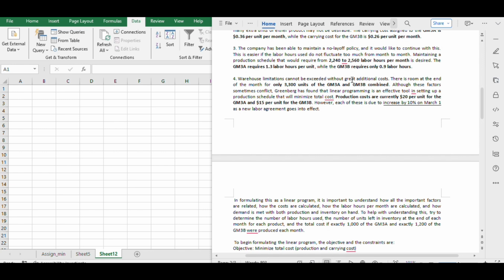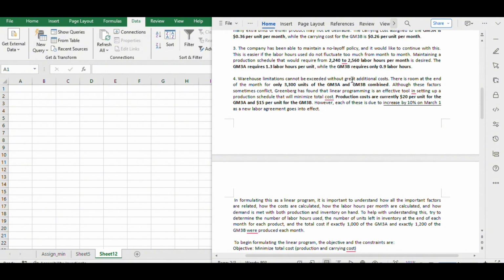So the schedule would require 2,240 to 2,560 labor hours per month, and the GM3A requires 1.3 labor hours per unit, while the GM3B requires only 0.9 labor hours. Number 4 is the warehouse limitations cannot be exceeded without great additional cost.